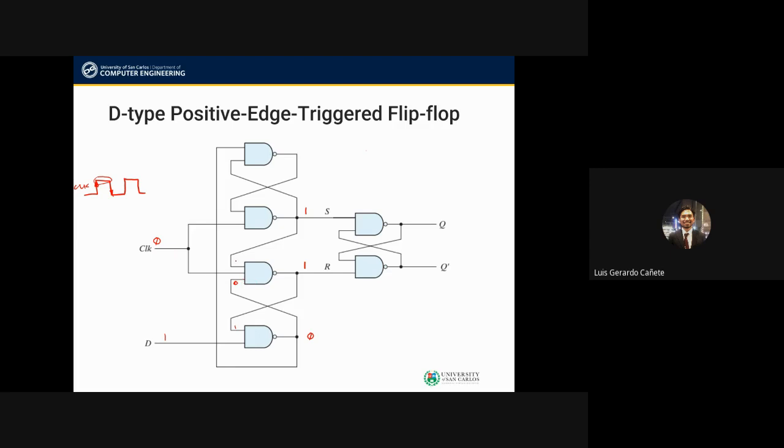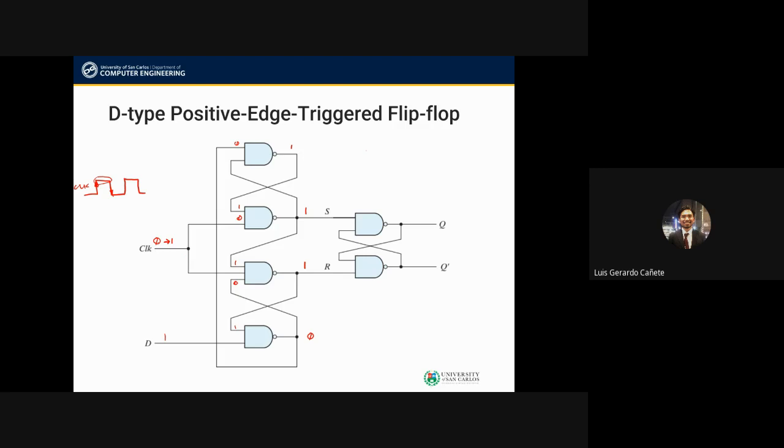But this is still 1 right here. This is now a 0. So the presence of a 0 here makes this a 1. That is a 1 right there, and that is a 0, making this 1. And everything is stable. So it's going to keep the same value for whatever it had previously. We are in the store state. Now, let's transition so that we have 0 going to 1.